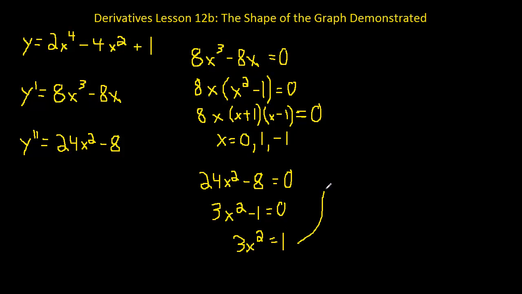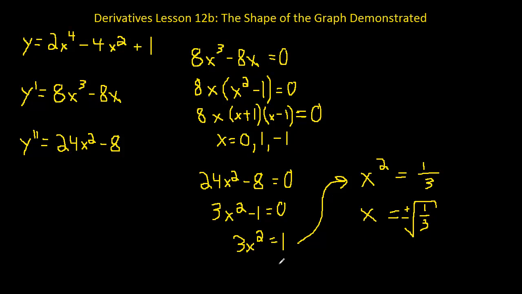Divide by 3, so x squared equals 1/3, and x equals radical 1/3. And finally, we have to add the plus and minus, because if we go in the reverse direction, squaring this, either the positive or negative goes away.